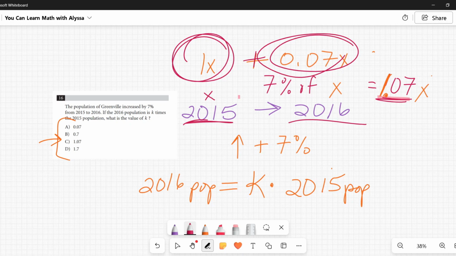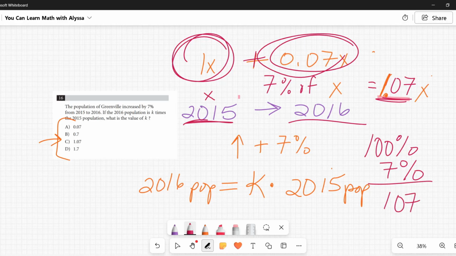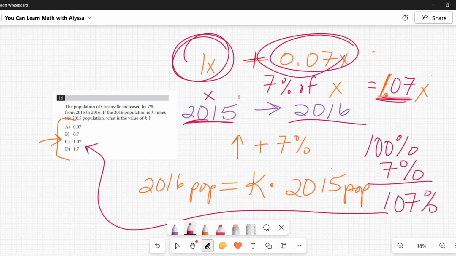It is 100% of the original population plus 7% more. That is 107%, which if we write that as a decimal is 1.07. That's where that comes from. And that's why it works every single time, regardless of what that starting population is.